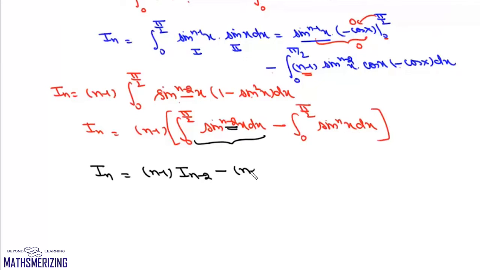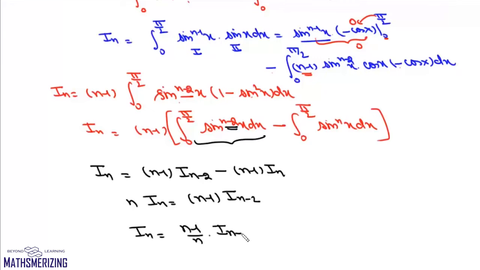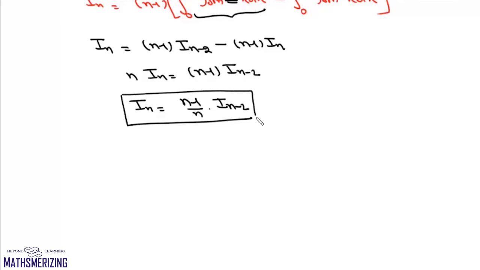So it will be n minus 1 into I n. Now we'll take I n on the left hand side, we'll get n I n, and it will be equal to n minus 1 I n minus 2, or we can write I n as n minus 1 by n into I n minus 2.